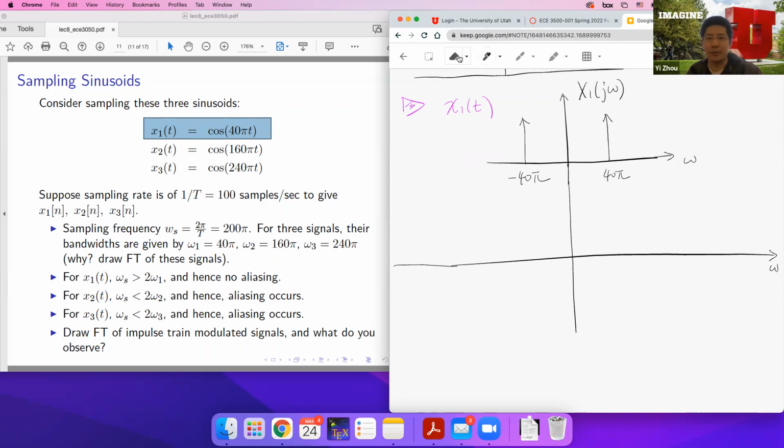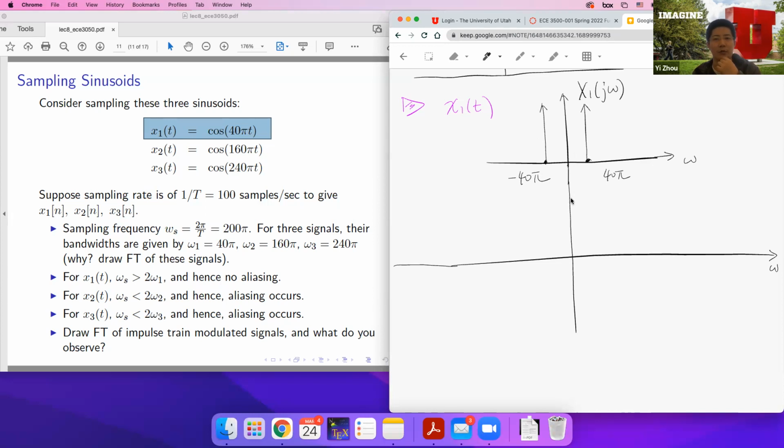I probably need to move these two arrows closer so that I can have space to reach 240. Let's say this is 40 pi, this is negative 40 pi. Okay, I move them closer. So this is X1(j omega).